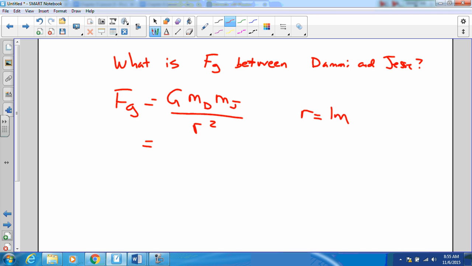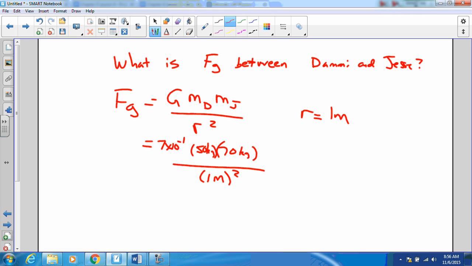What's your mass in kilograms, Jesse? 67, let's call that 70. And Damani, is it 2.2? 2.2 pounds in a kilogram, that's right. So we'll call that 50.